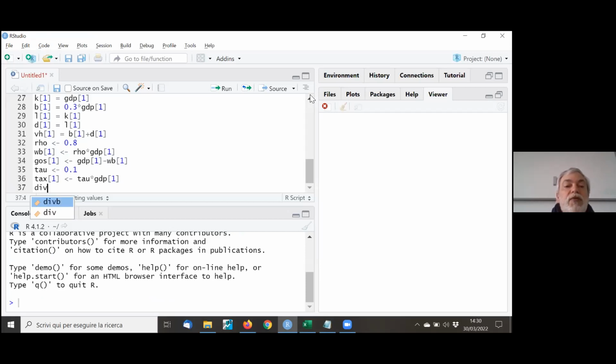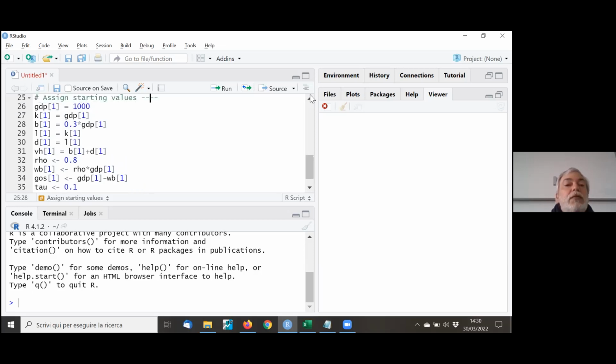So we said dividends are equal to, this may be tricky, the profits less RL times L. But I think we did not define RL yet.